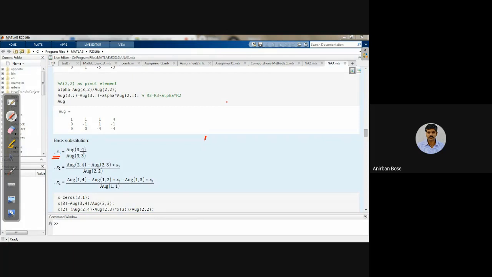X3 is simple: augmented 3 4, which is basically this value, the non-homogeneous part on the other side, that is -4, divided by augmented 3 3, which is this value, because the equation form is basically -4x3 is equal to -4. Always try to remember this part is like the new A, and this part is the new b, and everywhere it is multiplied with x and forms that b. So x3 you can easily find out. So x3 is known to you.